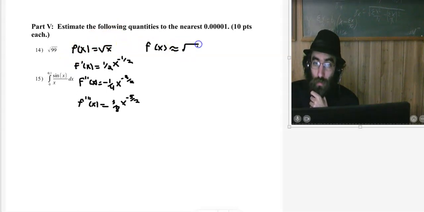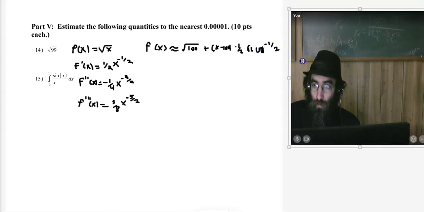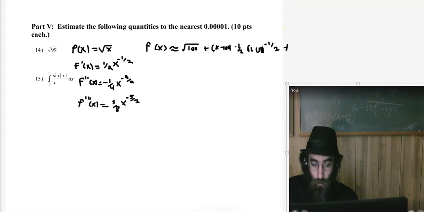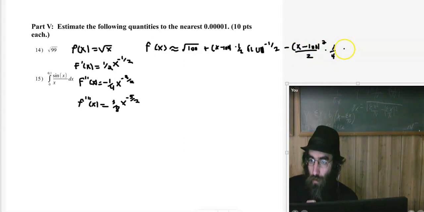We could say square root of 100 plus x minus 100 times 1/2 100 to the negative 1/2, minus, because we've got a negative over here, minus x minus 100 squared over 2 times 1/4 100 to the negative 3 over 2.